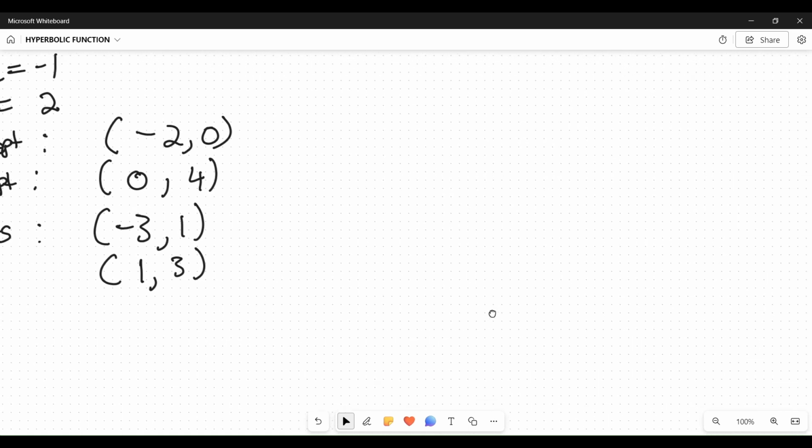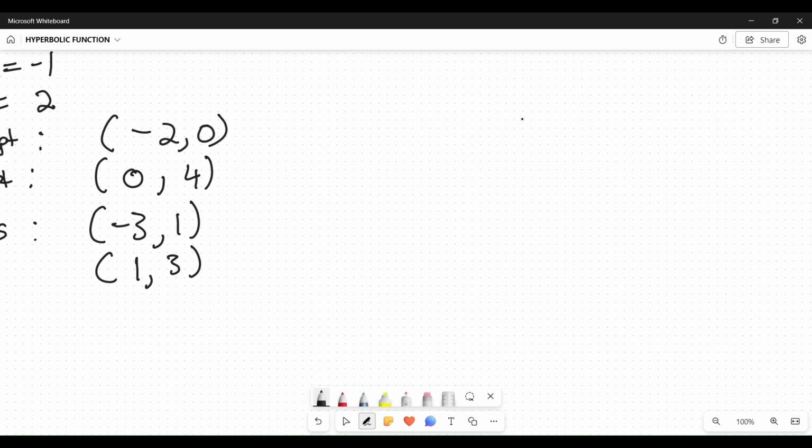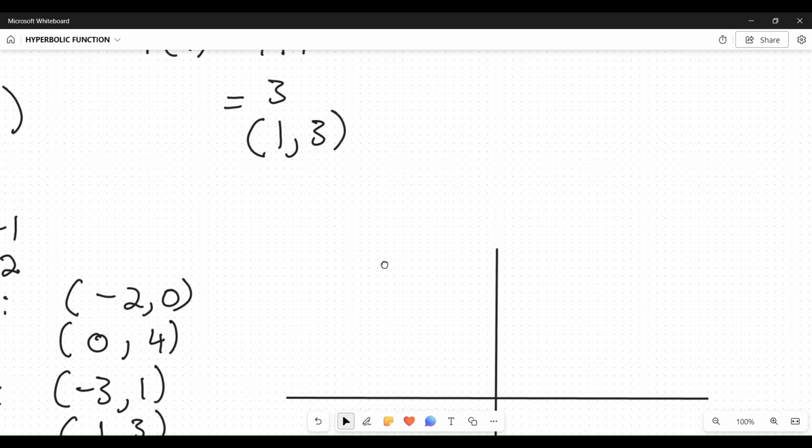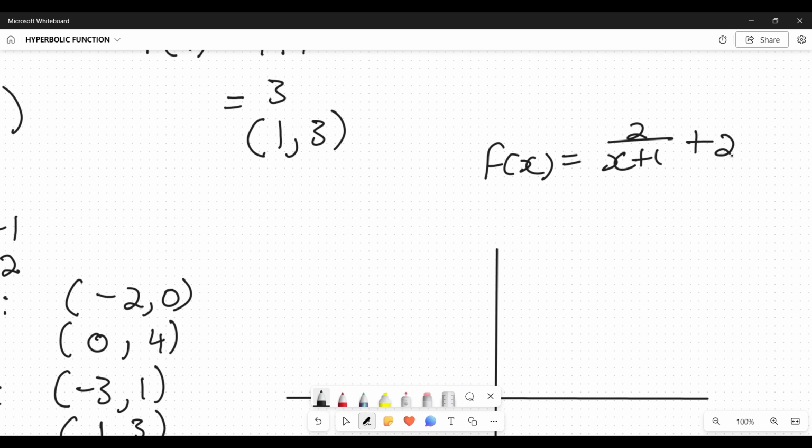So now in order to sketch, we are going to sketch our function on the xy plane. The one thing that I forgot is to check our value a in our function. So now we set that our function is defined by f of x equals to 2 over x plus 1, plus 2.